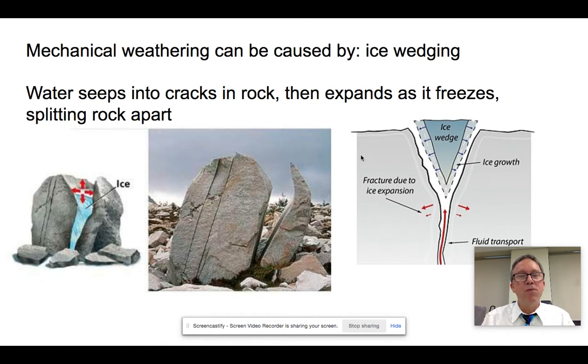A really important one is called ice wedging. So the idea is water gets into cracks in rocks, just like roots do. And then what happens is when it gets cold, the ice freezes. And if you've ever put a can of soda in a freezer and told yourself, I'm going to remember it later, and you forgot, that can will burst open, because water molecules have this right-hand bend to them.